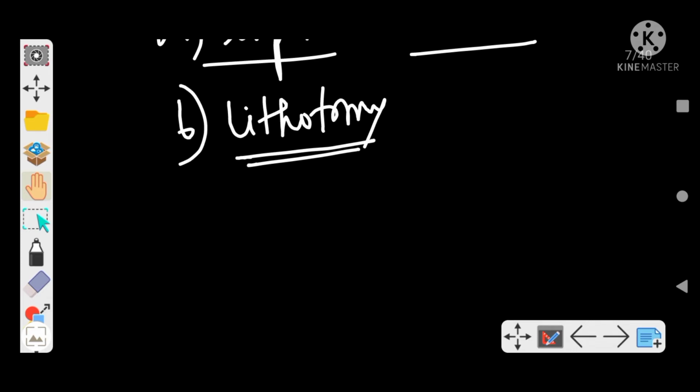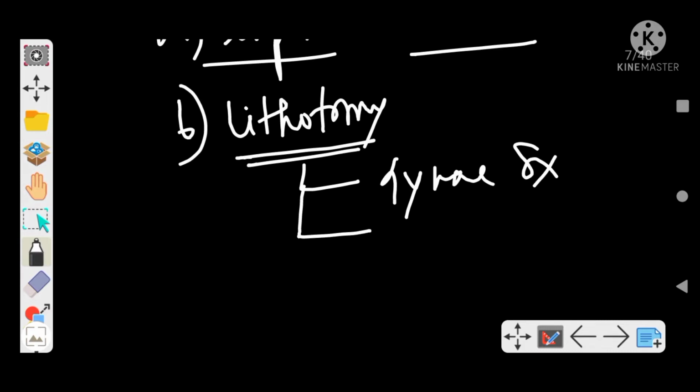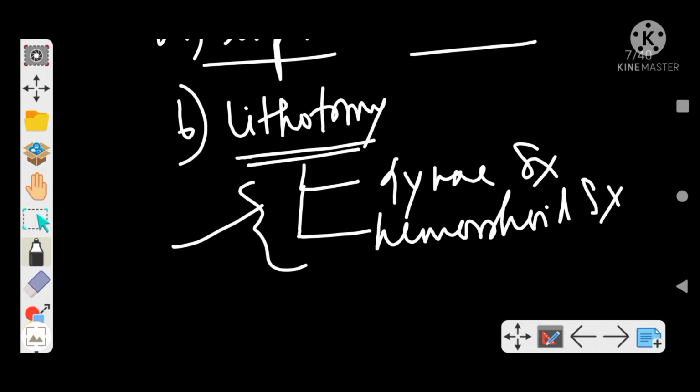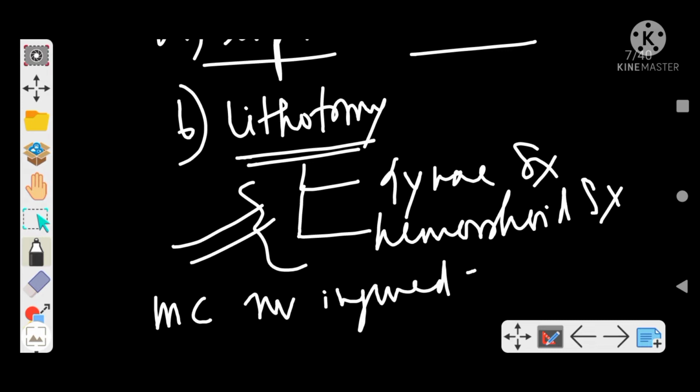Then is our lithotomy position. Lithotomy position is mainly for gynae surgeries. You know that apart from gynae surgeries, there is another surgery, hemorrhoid surgery. So these two are the surgeries where lithotomy position is used, and the question asked is, the most common nerve injured in this position is your common peroneal nerve.